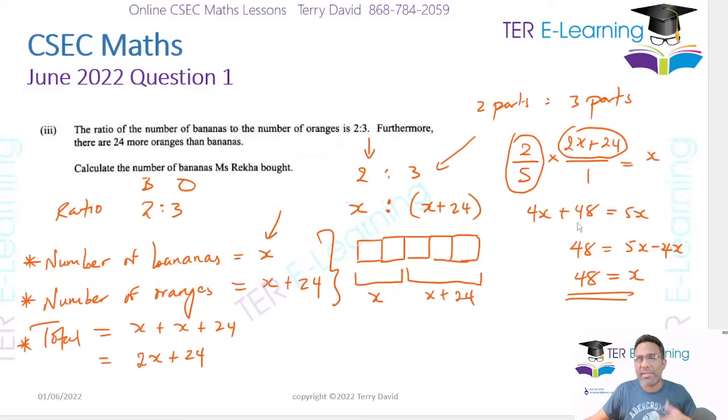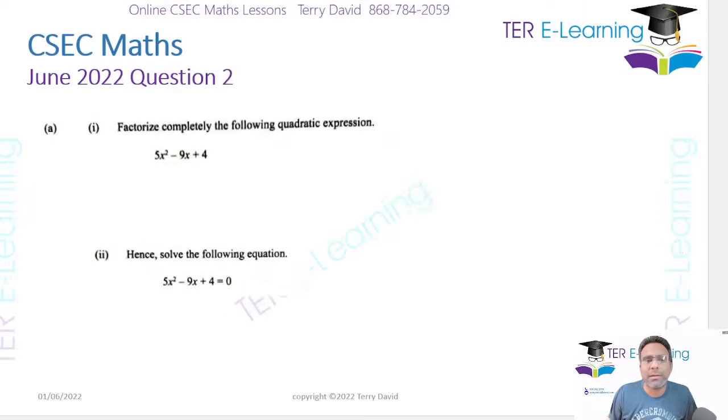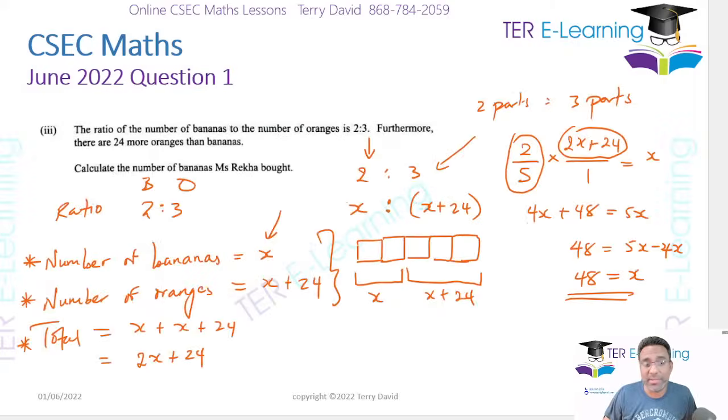So I've created an equation that allows me to solve for X. I hope that makes a little sense. But the answer I'm getting here is 48. All right, so that's question one.